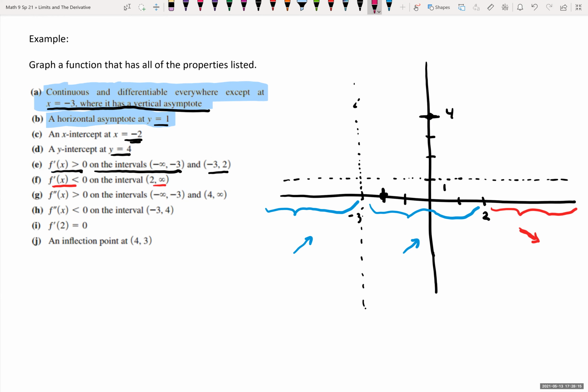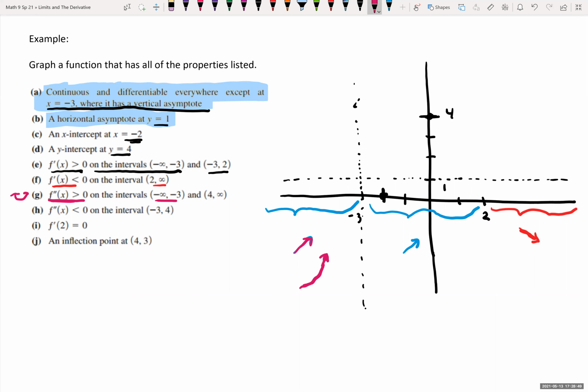Okay, so where the second derivative is greater than 0, that's telling us that it's concave up. So from -infinity to -3, it's increasing and concave up, so it's going to have this type of shape. Again, I'm not necessarily going to be below the x-axis here, I'm just putting in the shape.